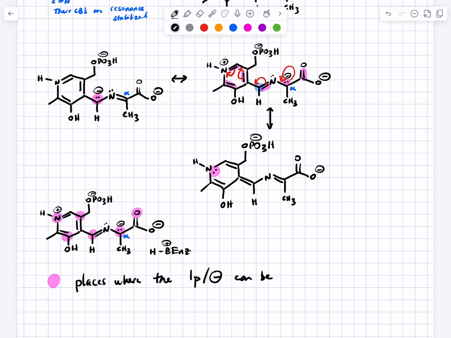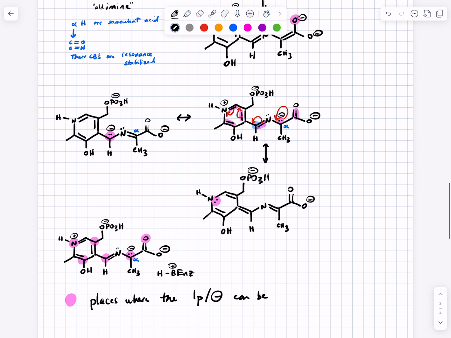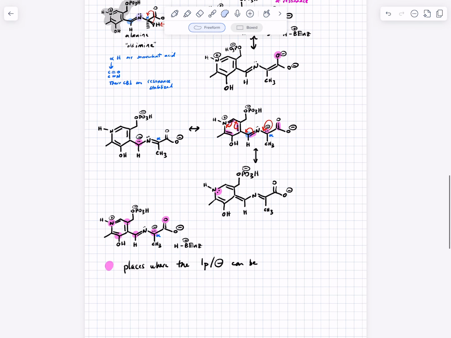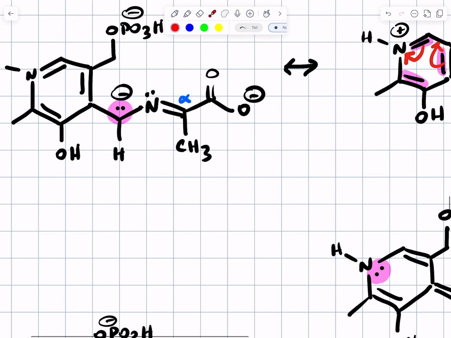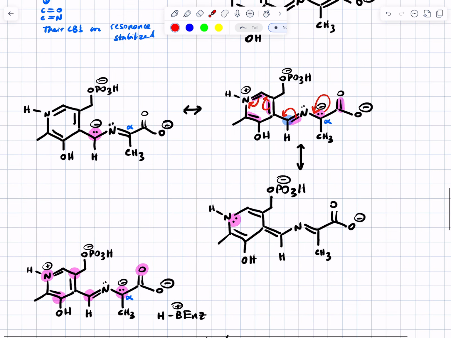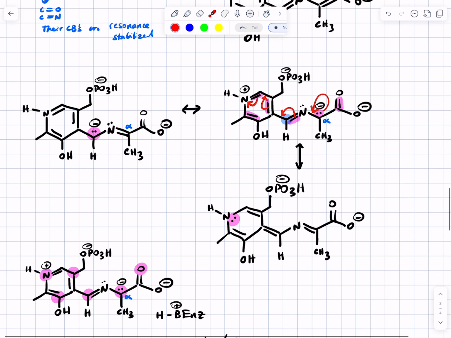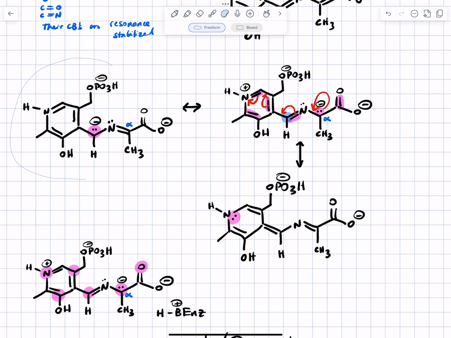With that in mind, let's show what would happen if we take this particular resonance structure where the lone pair / negative charge is on the other side of the nitrogen. And let's go ahead and protonate on that carbon.